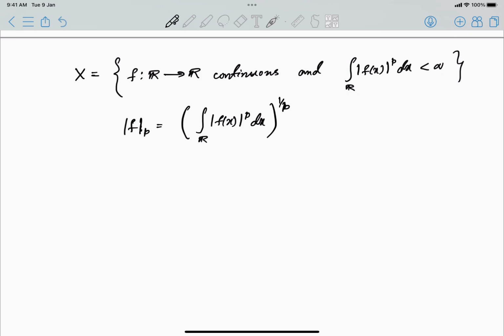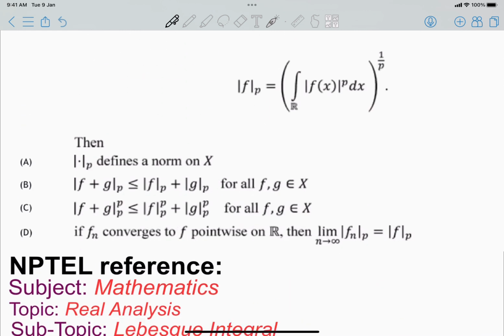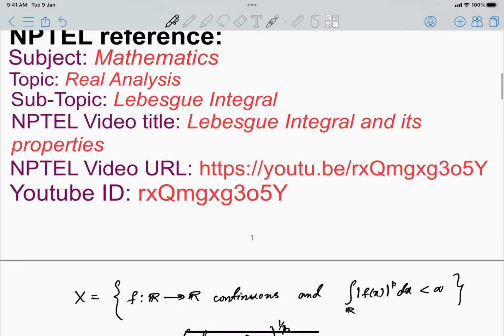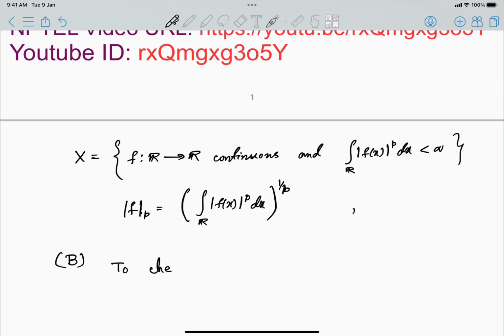Right, then we have to check whether this is a norm or not, and whether the inequality satisfies the triangle inequality or not. So first we will check option b, whether it is true or not. Oh, and one important thing here: p is between 0 and 1.